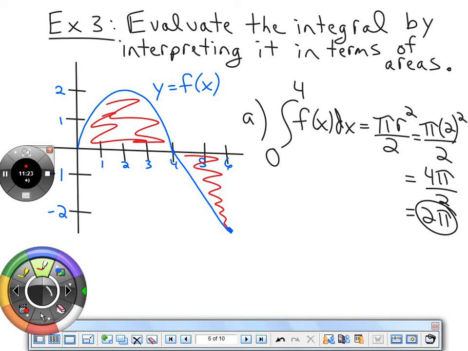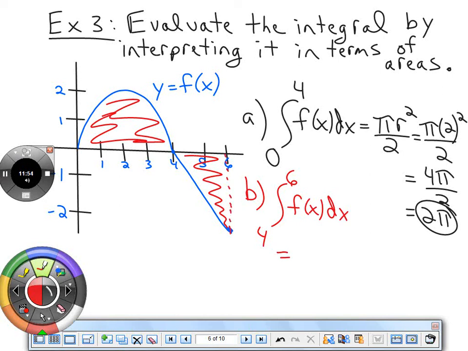And let's try another one. So let's say they ask for the integral from 0 to 6. Actually, let's back up. Let's say the integral from 4 to 6 of that particular function. This would equal just a triangle.